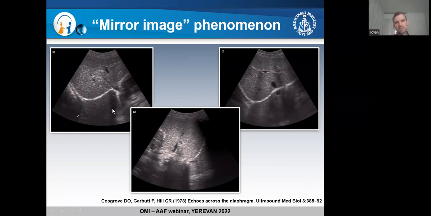So when the lung base is normal, you will see this mirror image phenomenon. And this is just a supradiaphragmatic projection of liver and spleen. So this is a normal finding. You can see here how liver reflects supradiaphragmatically.